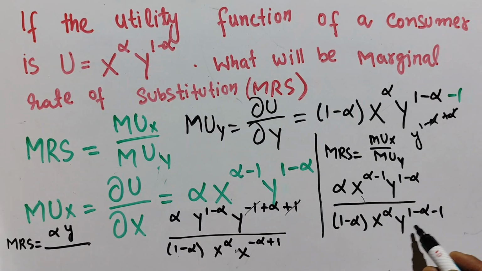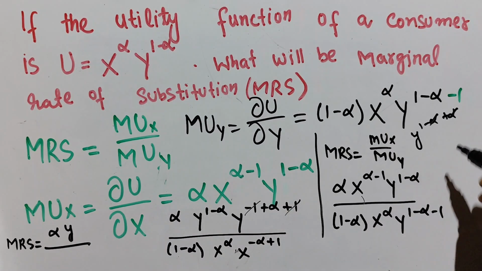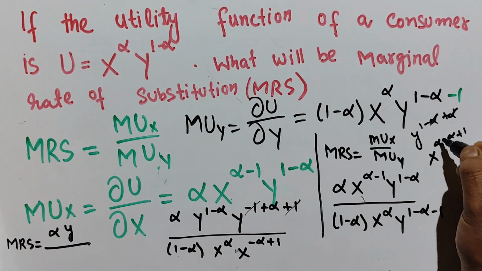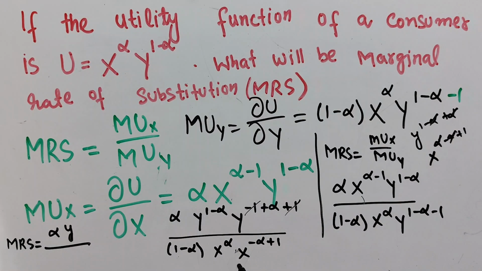By the same logic here we have x raised to the power alpha minus alpha plus 1, again alpha gets cancelled, and we are only left with x and 1 minus alpha, so this will be y upon x. This will be the MRS of x and y.